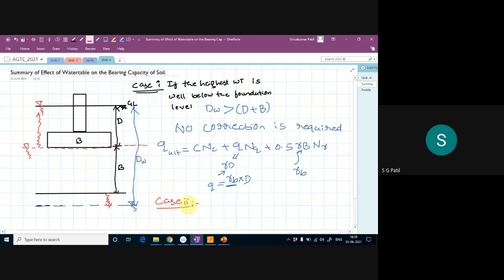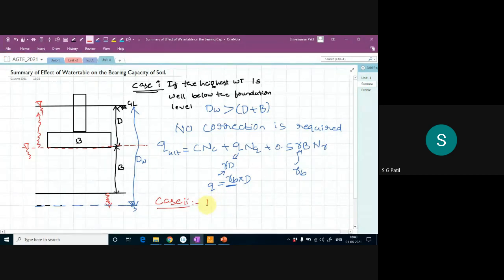Case 2. If the water table is at the footing level and may rise to the ground surface, that is my second case.